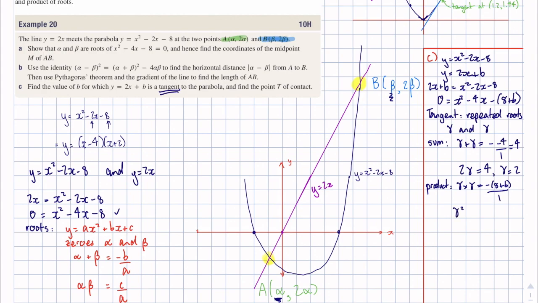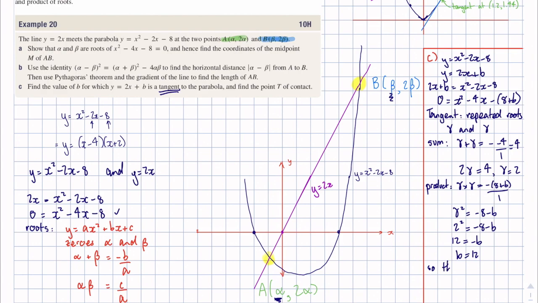So gamma squared equals negative 8 take b. We know gamma, it's 2, so 2 squared equals negative 8 take b. So that's 4 plus 8 is 12 equals negative b, b equals 12.